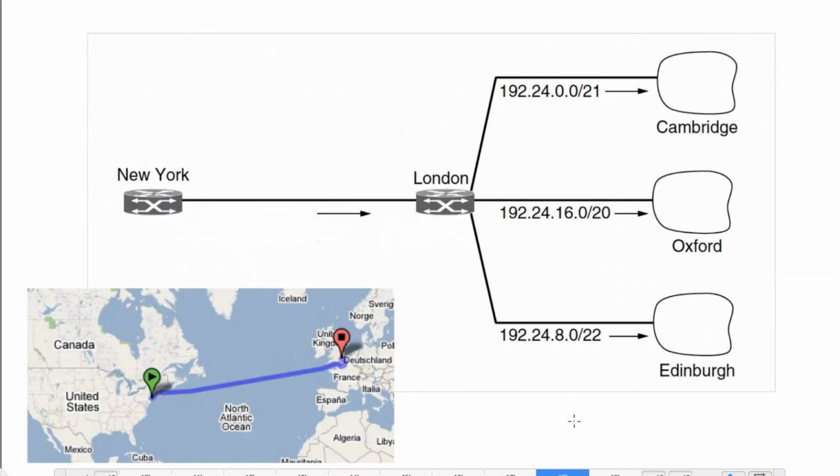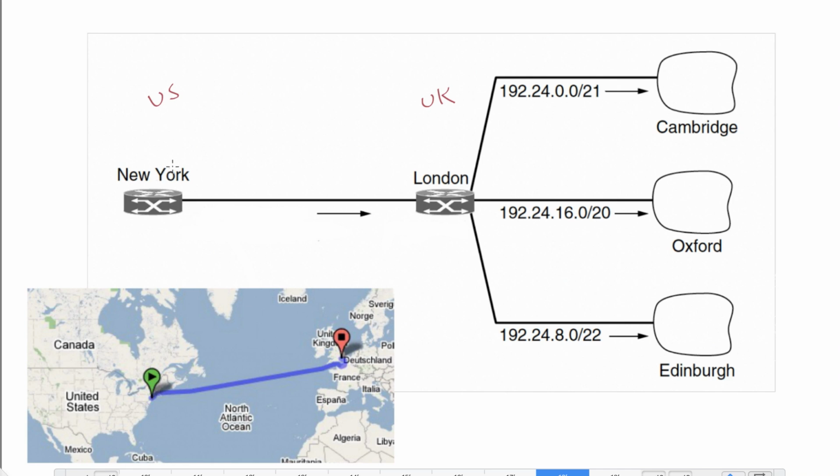Now let's take one more example. Suppose you are in the US and you want to forward some packet to the UK, and there are 3 universities to which this router is connected, Cambridge, Oxford or Edinburgh University, and these have some different IPs. But as per the Newark router, it does not matter.